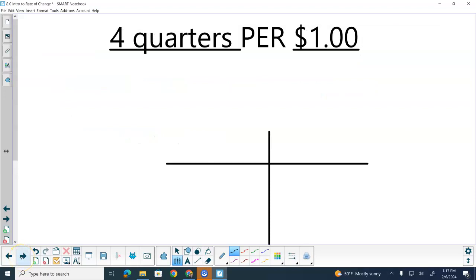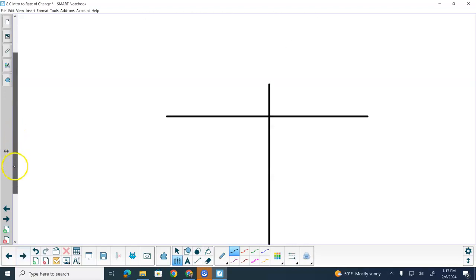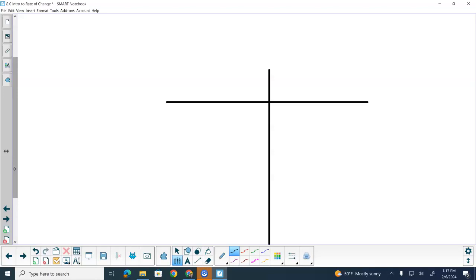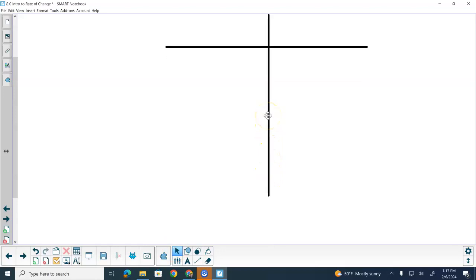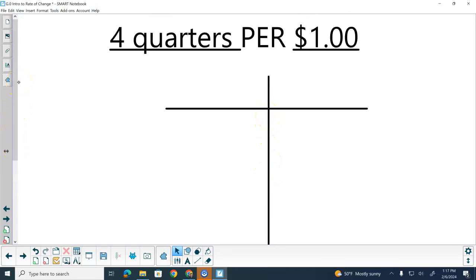Alright? So if I'm going with the 4 quarters per $1, and I'm filling out a T-chart, there is a T-chart there on the side for you. My dollars would go in this one because it's the per.